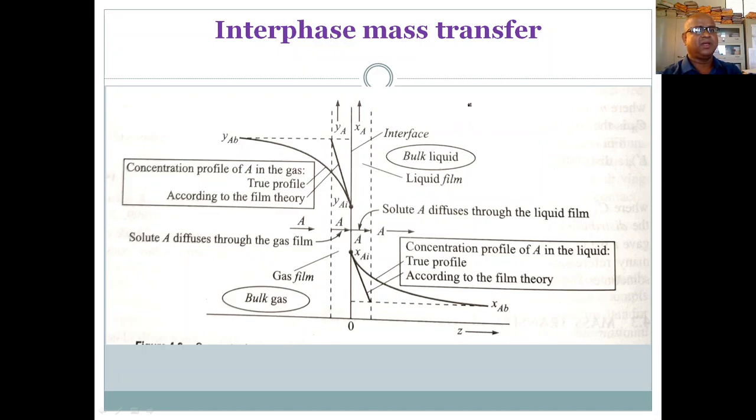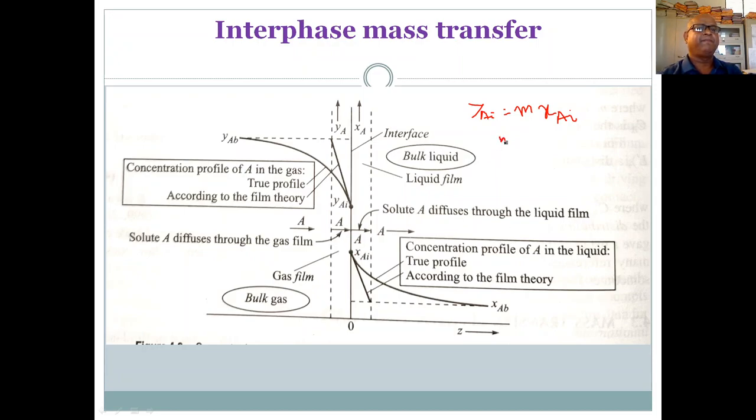So yi equals m times xi, isn't it? Now if m equals 1, then yi will be equal to xi. But in this case, whatever the yi, xi is less. That means m is greater than 1, isn't it?